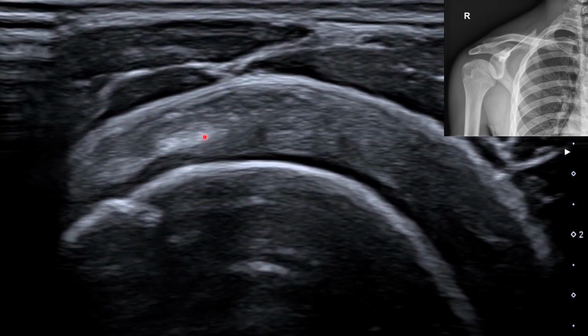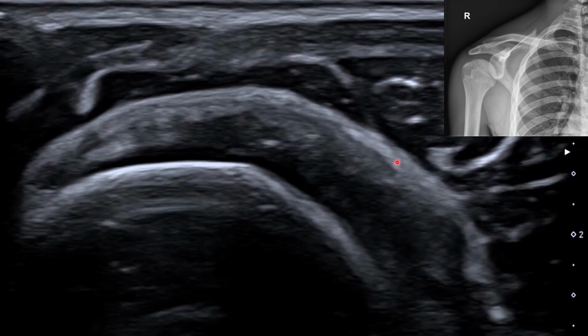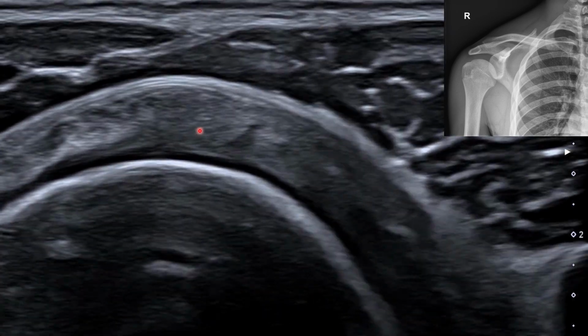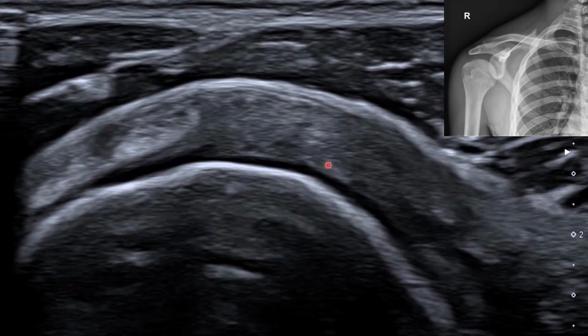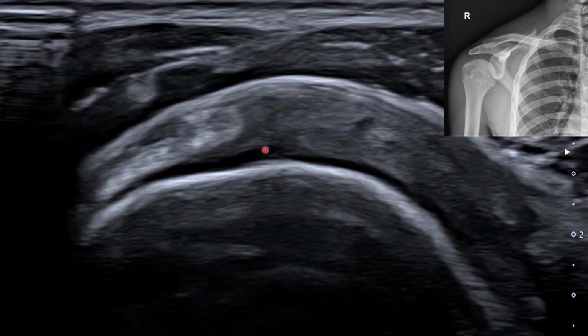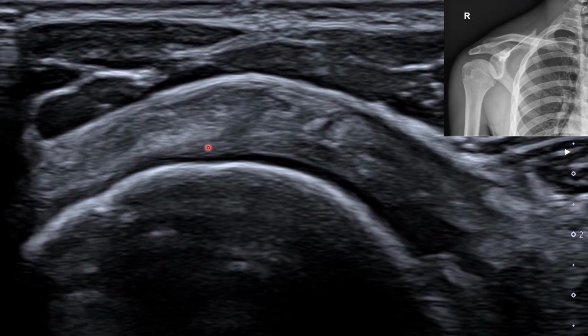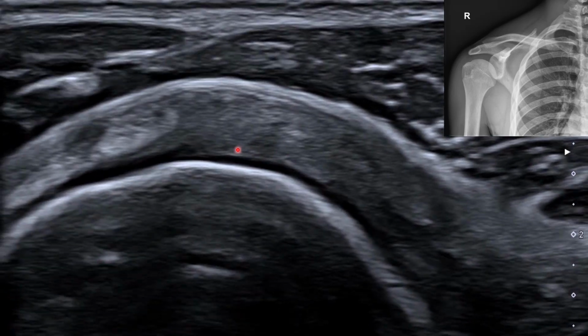It appears as if there's a fracture. So that is just due to probe misangulation. But there's no fracture there. There's no fracture whatsoever.